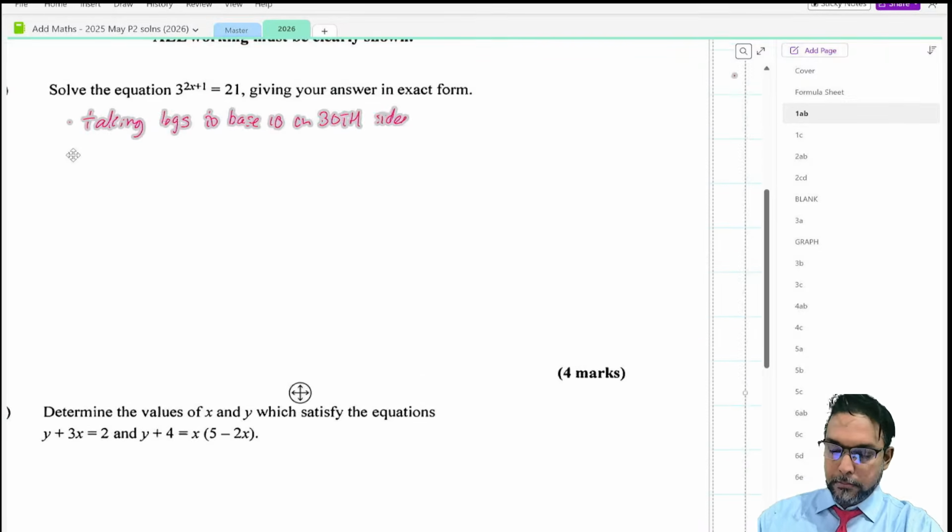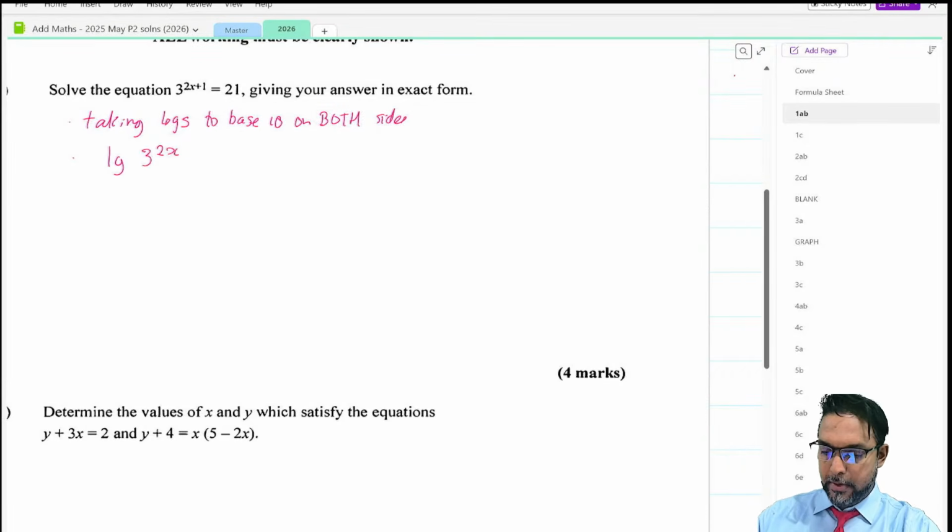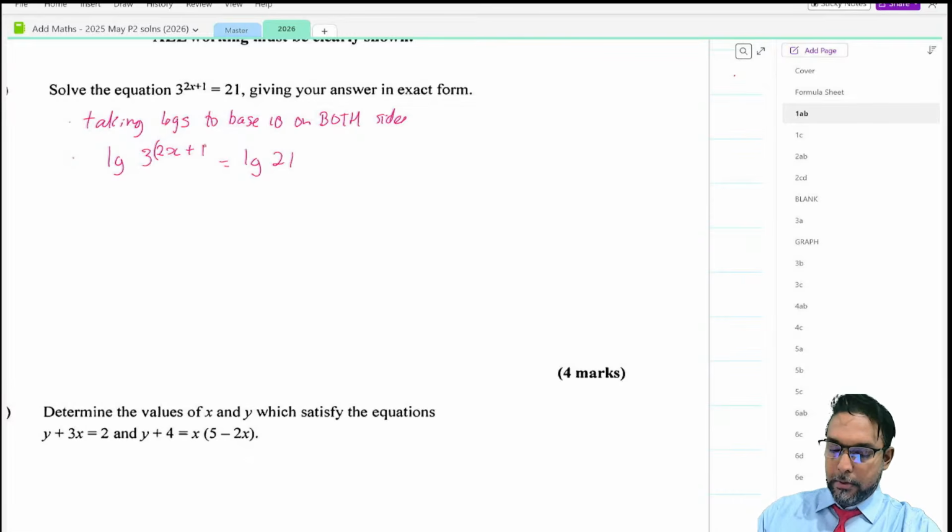Right. So that would look like this. So log of 3 to the 2x plus 1 equal to log 21. Alright, then I would use the power law to shift that index to the front of log 3. So 2x plus 1, then multiplied by log 3.